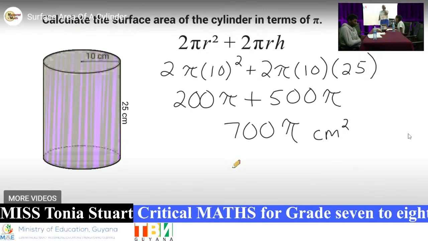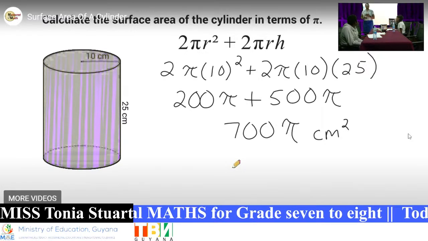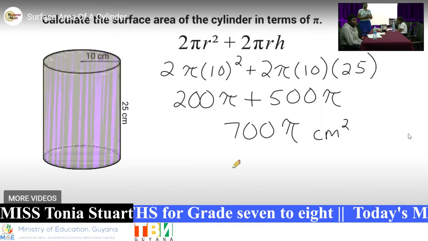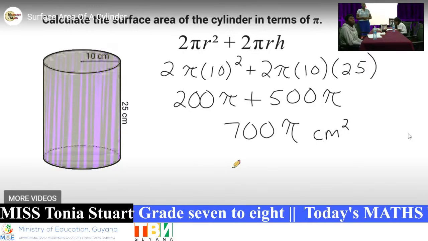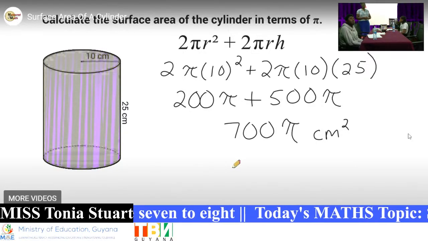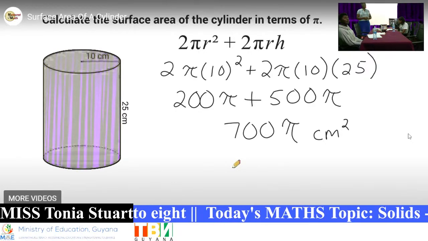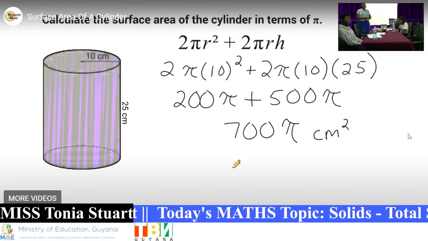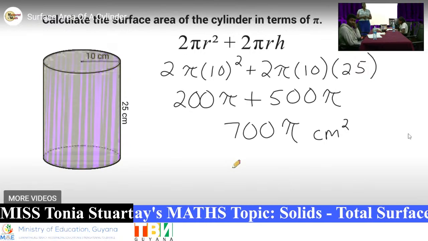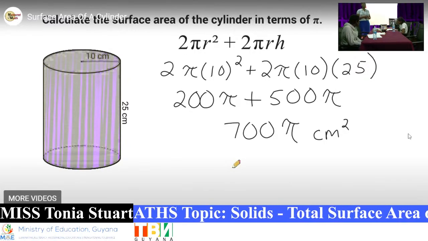So, could you say to me how we got the 2 in front of the pi r square? Not sure? Look back at the previous note that you took.